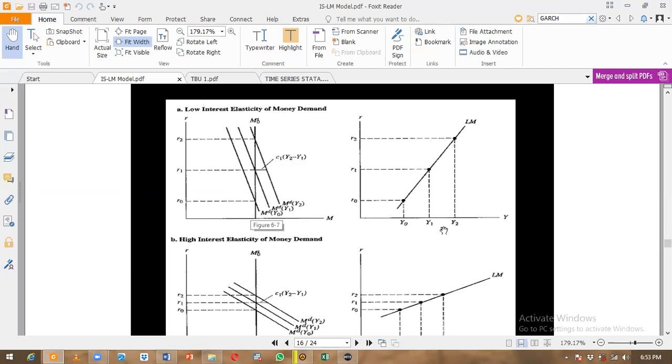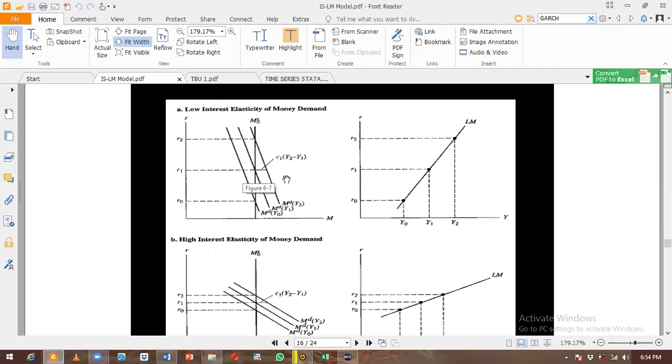Now, if there's an increase in Y from Y0 to Y1, that is going to cause an upward shift in the money demand curve. So this is where we are. But because money demand is not really responsive to changes in the interest rate, the interest rate must really increase before we can get equilibrium in the money market. That's the reason why when Y increased from Y0 to Y1, there was a very high increase in the interest rate.